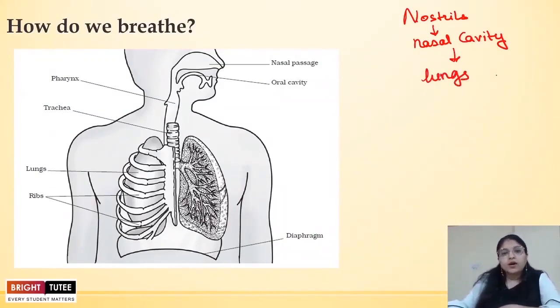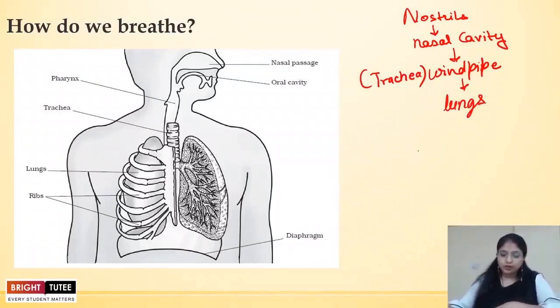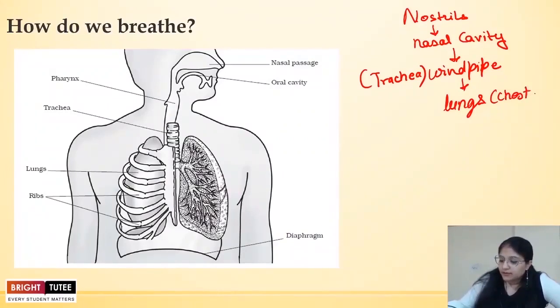Or rather, I should point out that before the lungs, it goes through the windpipe, also known as the trachea, and then it goes to the lungs. When it goes to the lungs, the process of respiration becomes complete. From the windpipe, it goes to the lungs, which are situated in the chest cavity.